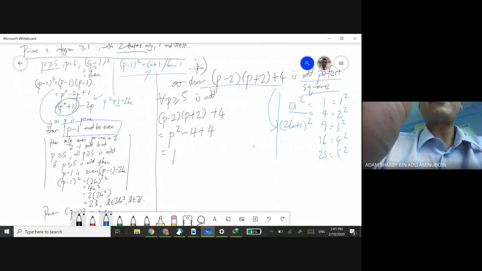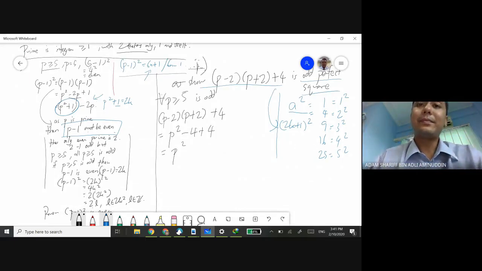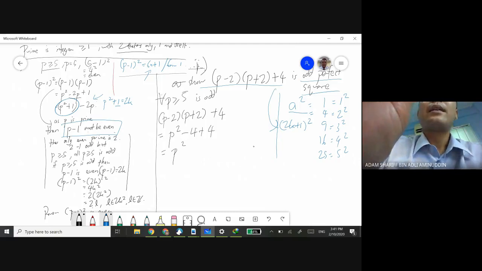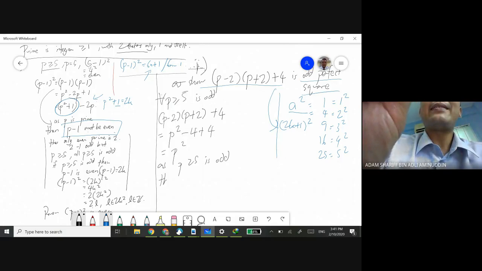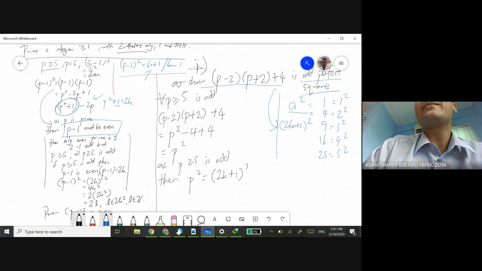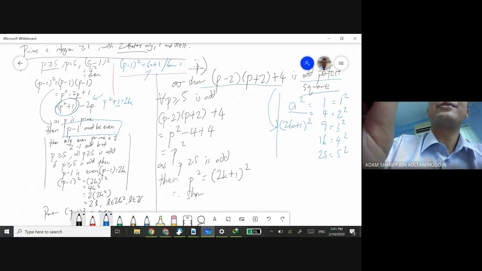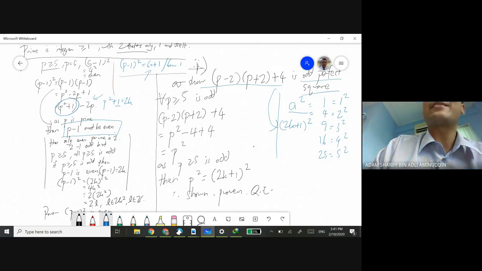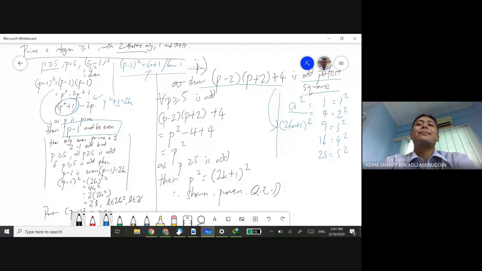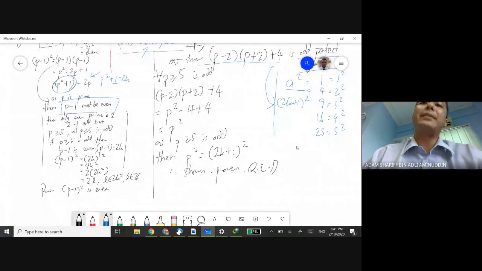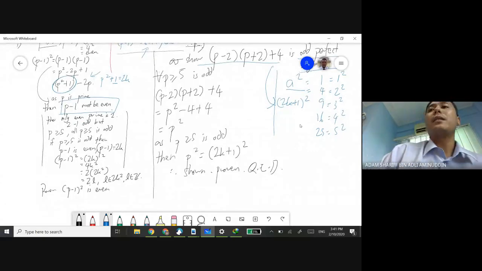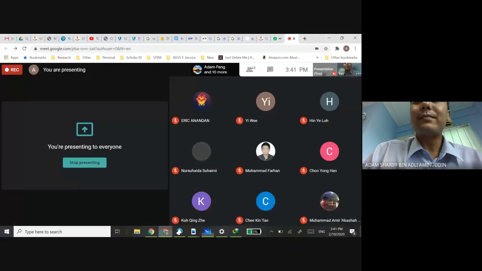Therefore, it will be p squared. As p larger than 5 is odd, then p squared equals 2k plus 1 squared. Shown. Proven. Quod erat demonstrandum. The proof is complete. This is my reasoning. Okay?